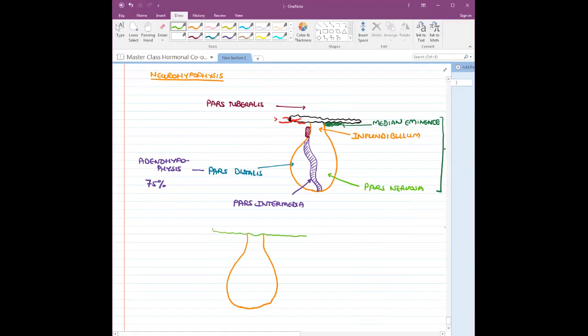Let's say this is our hypothalamus. One minute, let me first draw the intermediate lobe.